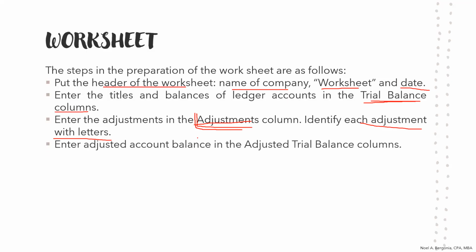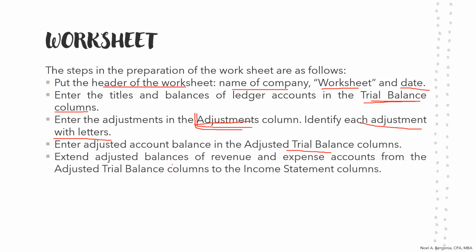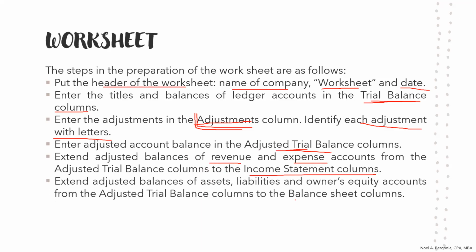Then we will have the adjusted trial balance columns. The adjusted balances in our adjusted trial balance will be separated into the income statement columns, which will include the revenue and expense accounts, and also the balance sheet columns, which will have the asset, liability, and owner's equity accounts.